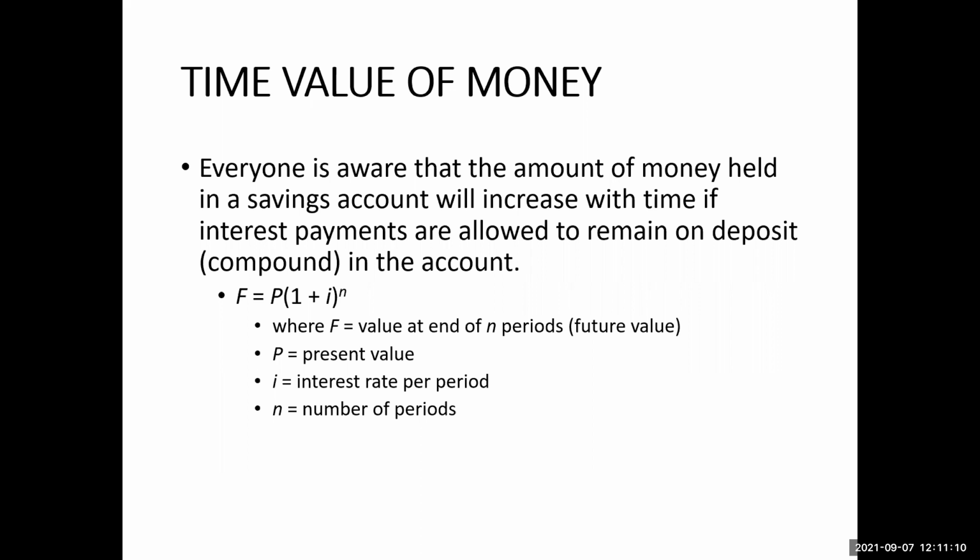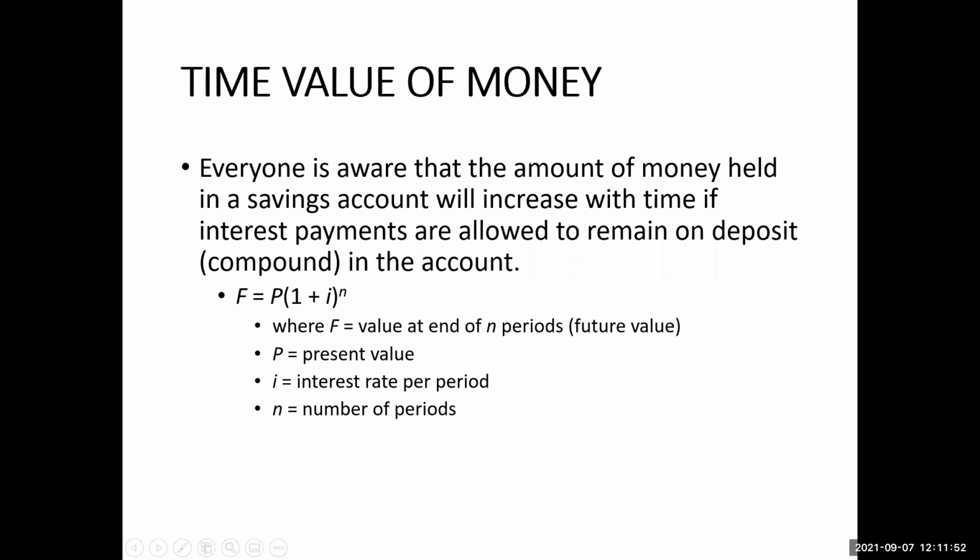If you borrow money from the bank, you pay interest to the bank on the amount borrowed. The simplest situation is that you deposit some amount P into the bank account, and the bank gives you interest of say i% per year, and you put that money into the bank for n years. After n years, your deposit will become equal to the value of F.